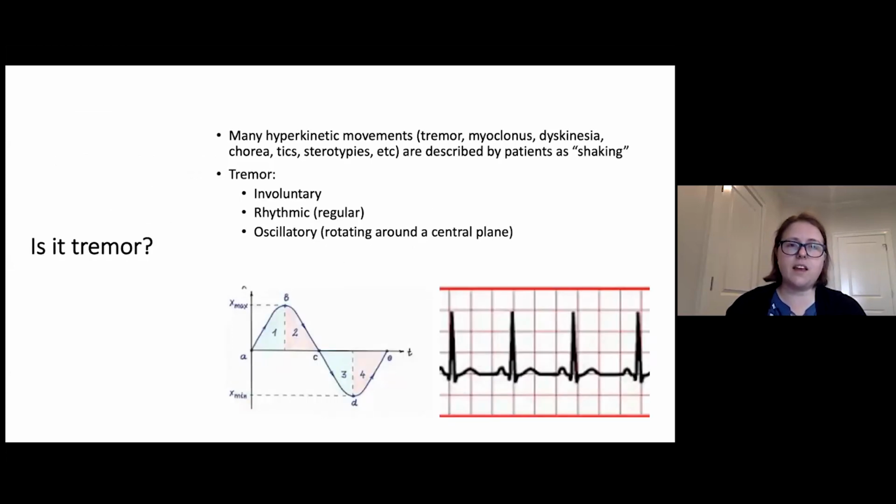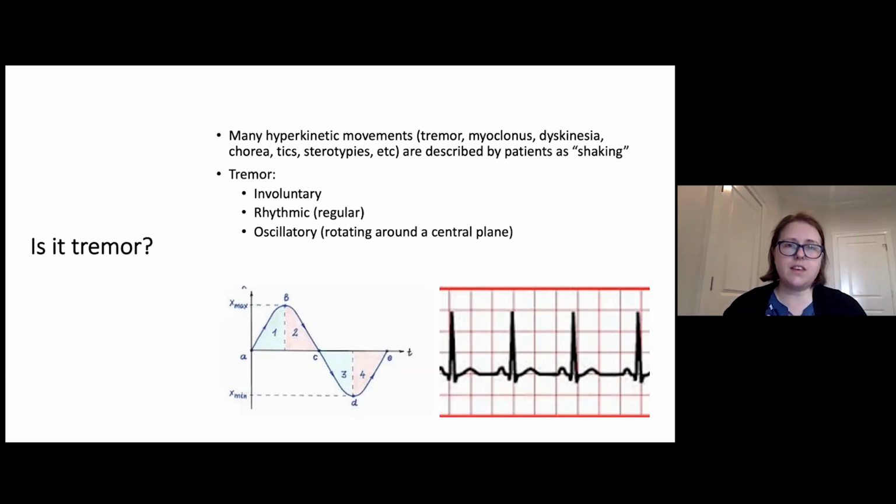So before I talk to you about this patient in detail, and he has essential tremor, I wanted to take a step back and give you some general points about tremor. So the first thing I do when I see a patient for tremor is I take a step back and say, is it tremor? And the reason that I do that is because many hyperkinetic movements are described by patients as shaking or tremor.